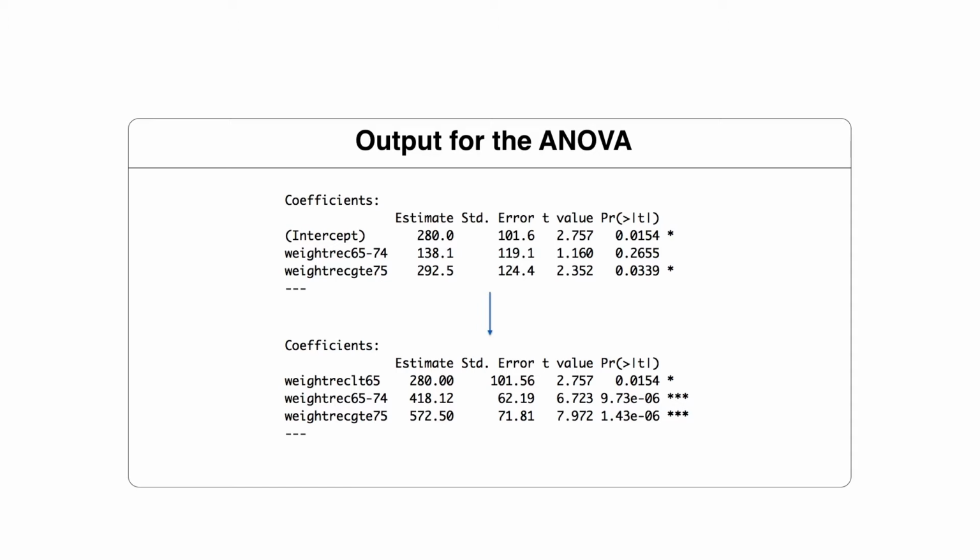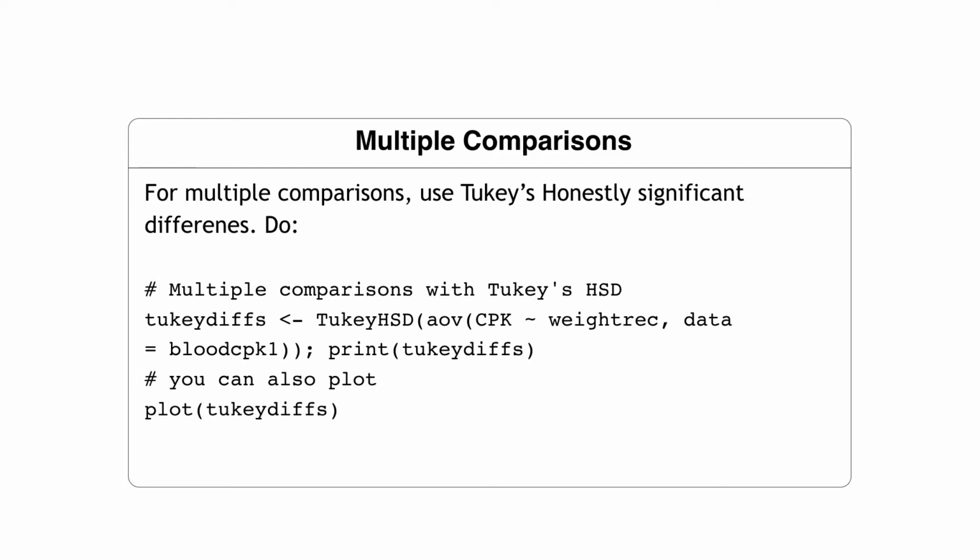There have been many different ways in which you can do this, but R has implemented Tukey's honestly significant difference as the one that you can use. So for multiple comparison, R uses Tukey's honestly significant difference. And in order to estimate that, you use a function known as TukeyHSD.